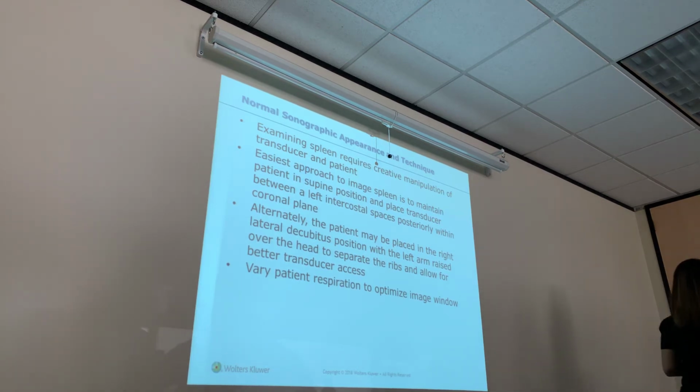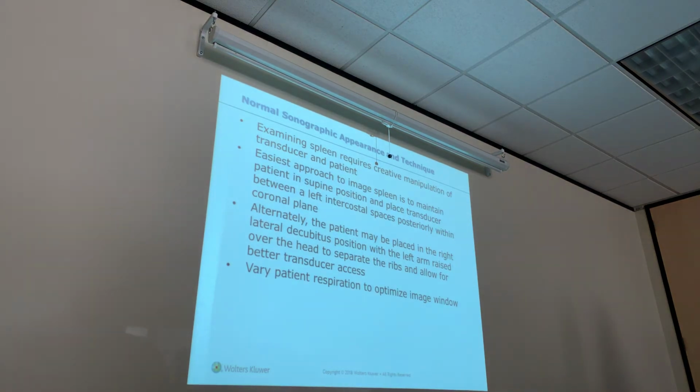The easiest approach to image the spleen is to have the patient in supine position and place the transducer at the left intercostal space. Honestly, I think having the patient in right lateral decubitus is easier than supine.